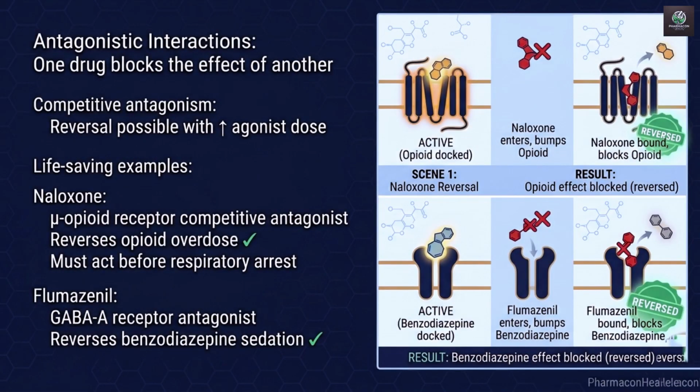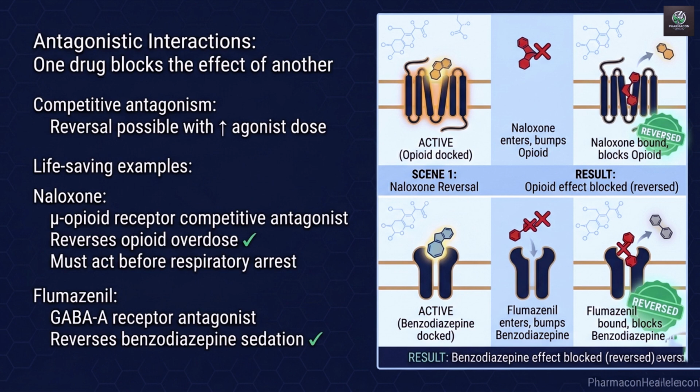Antagonistic interactions occur when one drug blocks or reduces the effect of another at the receptor level. Competitive antagonism can be reversed by increasing the agonist dose, whereas non-competitive antagonism cannot be overcome in this way. Two clinically critical examples of life-saving antagonism. Naloxone is a mu-opioid receptor competitive antagonist.